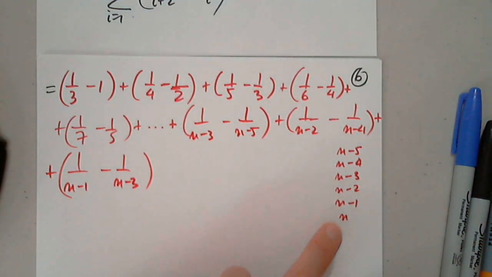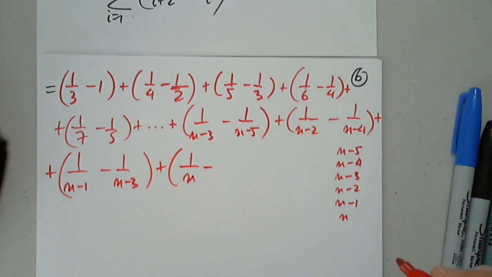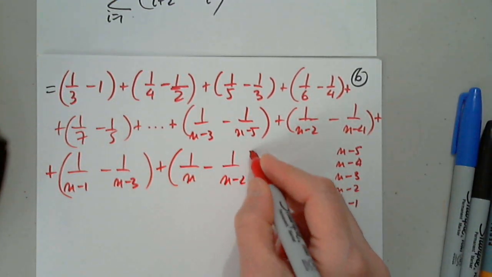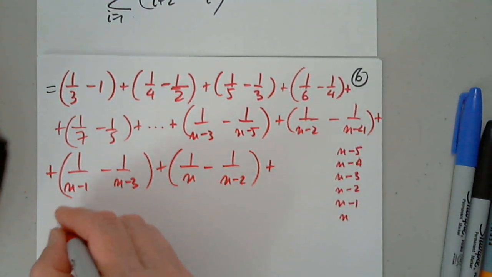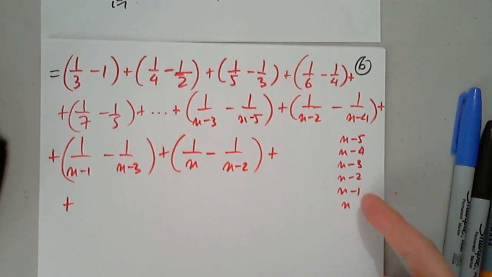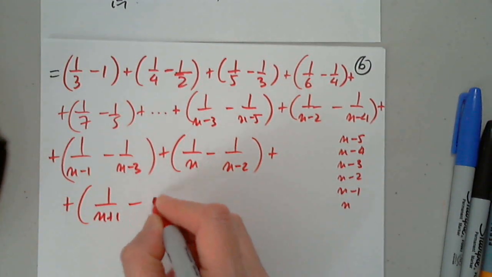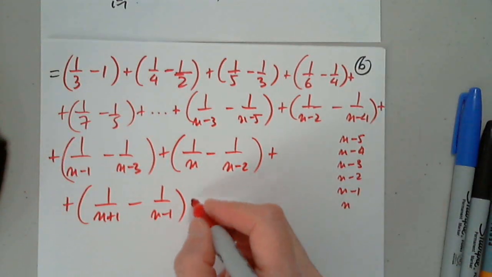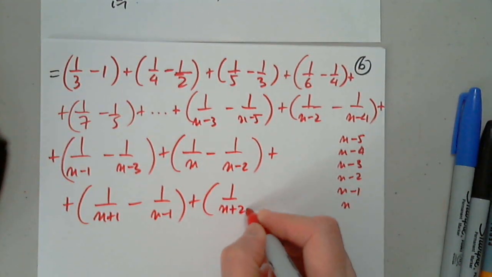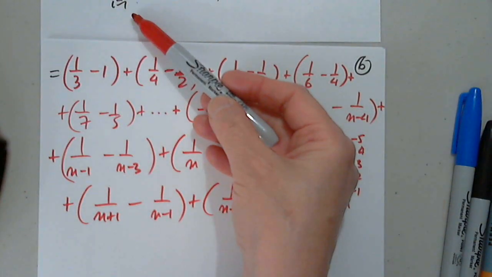Now n minus 2: plus 1 over n minus 1 over n minus 2. Since I'm running out of room, I'm going to continue underneath. Now I'm at n minus 1, so this is 1 over n plus 1 minus 1 over n minus 1. And finally, plus 1 over n plus 2 minus 1 over n, because it's from i equals 1 through n.